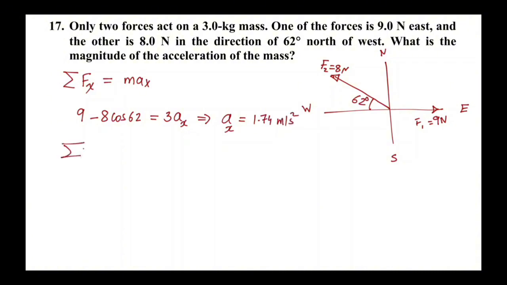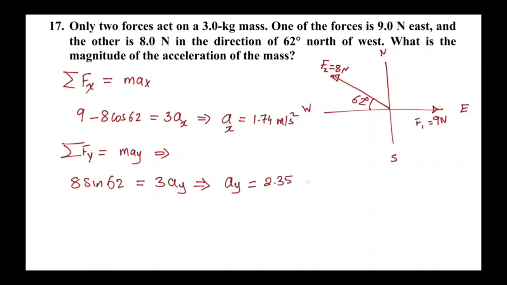Now the sum of all forces on y equals m a_y. On y there is no F1 component, so the only component we have is F2, which is 8 sine 62, equal to 3 a_y. You simplify this and you will find a_y equals 2.35 meters per second squared.